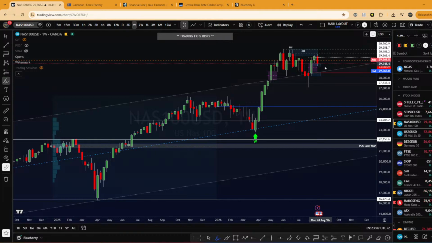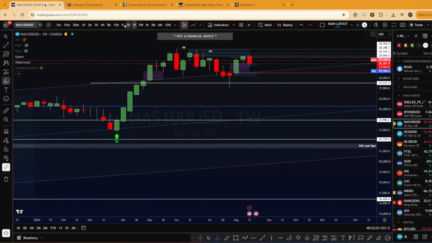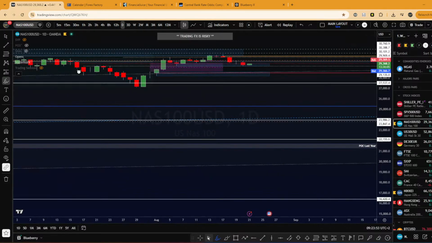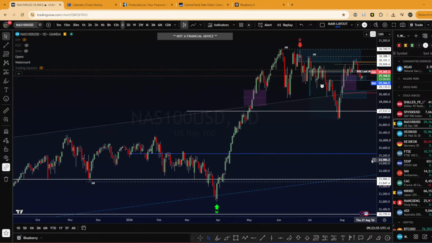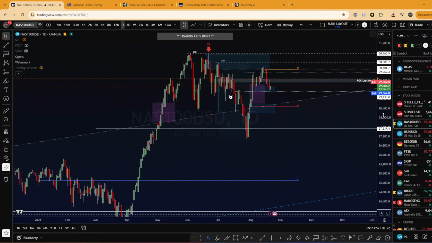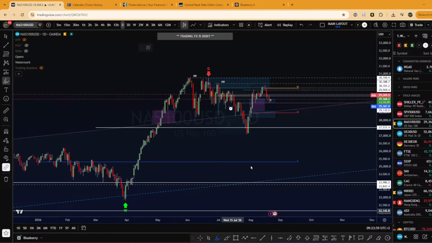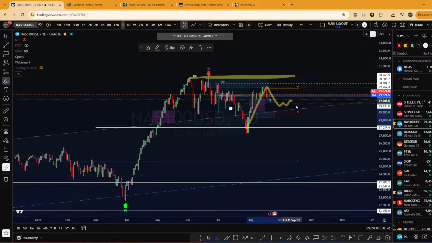let me see. If I zoom in, you will see that we didn't tag the all-time high yet, so I will not be surprised if we retest and at some point we continue to target the all-time high.